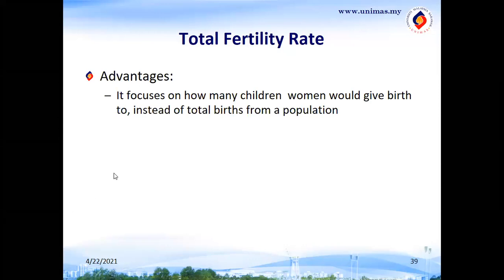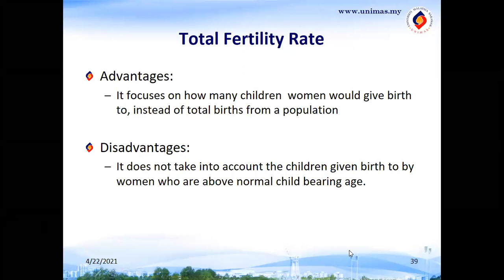Okay, so alright, so disadvantages there adalah it does not take into account the children given birth to by women who are above normal childbearing age group tadi. Right? So anak yang dilahirkan contohnya oleh perempuan yang berumur 45 ke atas tidak diambil kira. It's not taken into account. Itu je lah masalah ataupun disadvantage di total fertility rate.